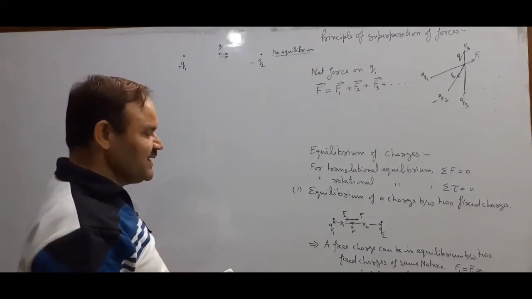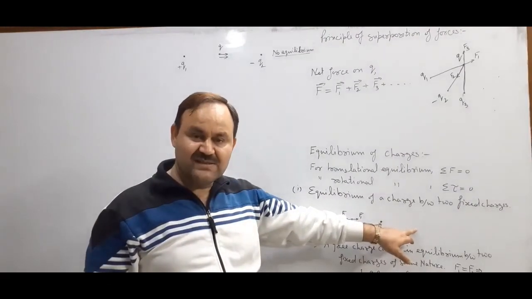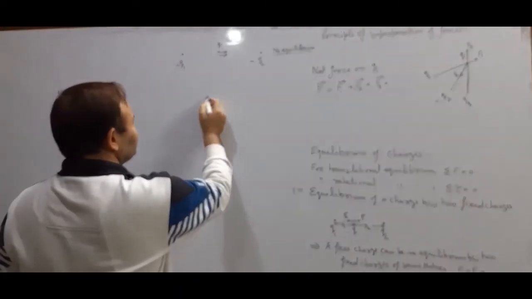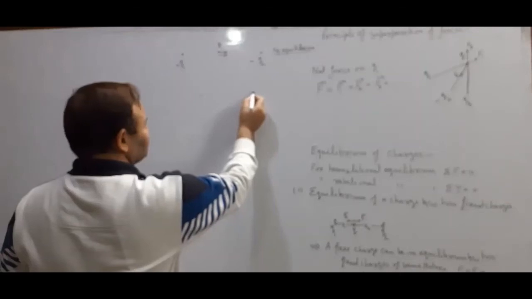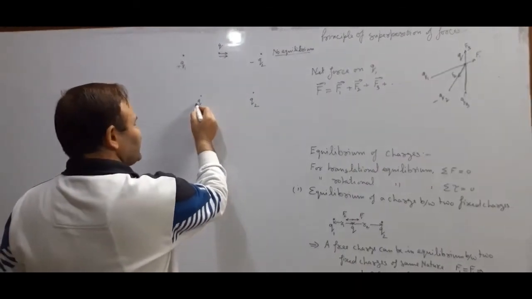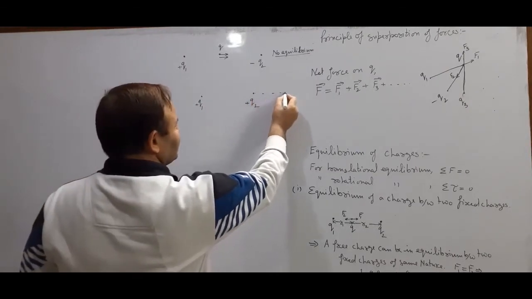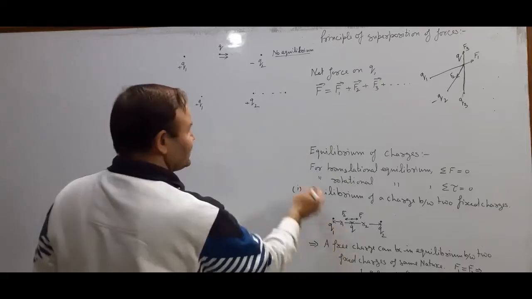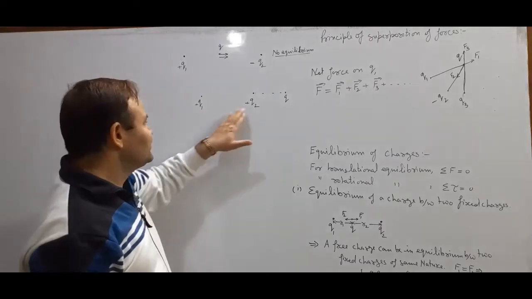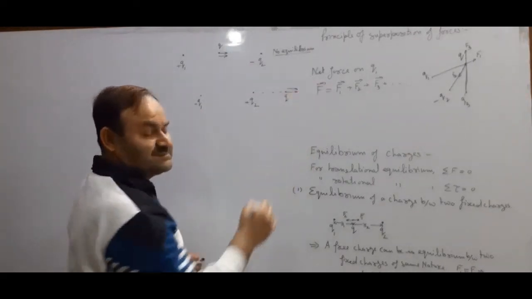Similarly, we can consider the case when this charge Q is lying outside the fixed charges. If charge Q lies outside the fixed charges, these are the fixed charges, say both are of same nature, then if charge Q is also of same nature, then these two charges will exert forces in the same direction.